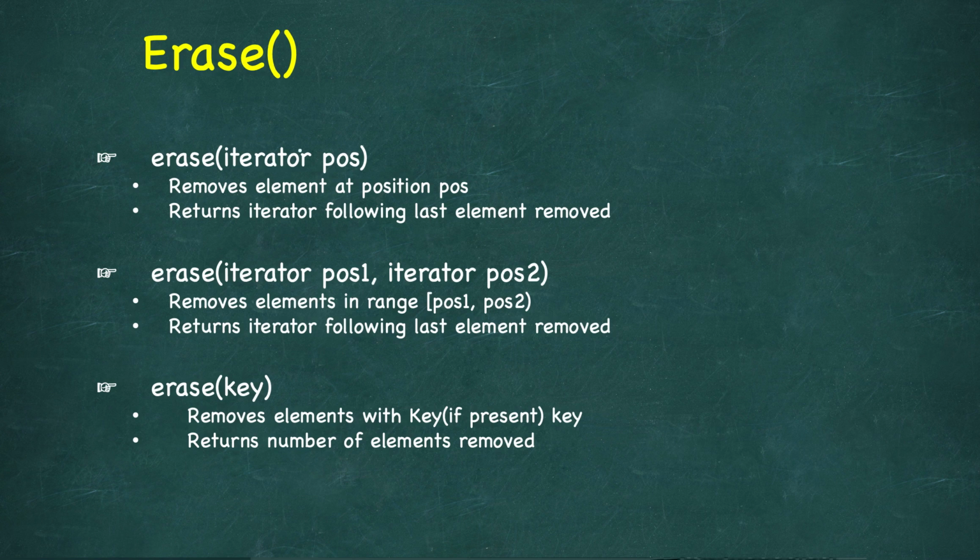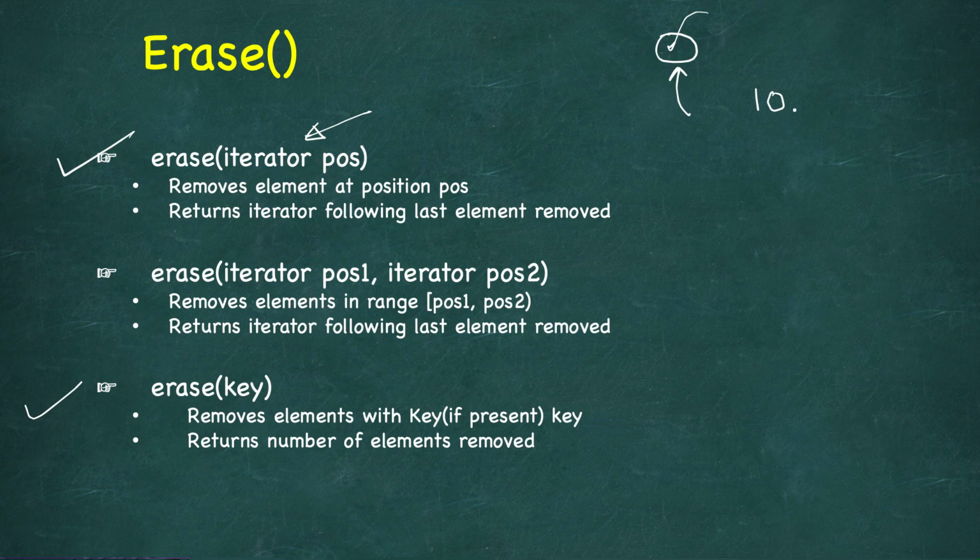Then let's come to erase. Here you can either pass the iterator position. In that case, if you actually have a pointer to the actual number, then better pass that iterator position. If you don't know the position, you just pass the value. Like in this case, here you pass the position. So here it returns the iterator following the element that was removed.